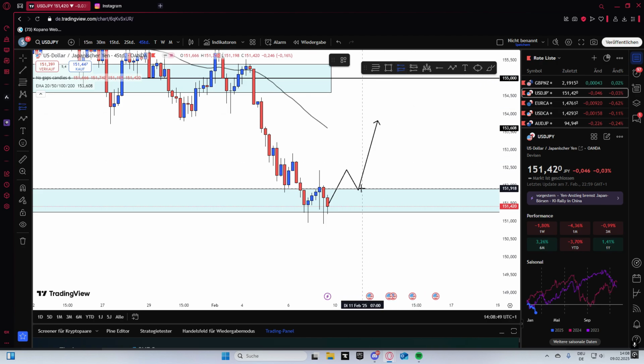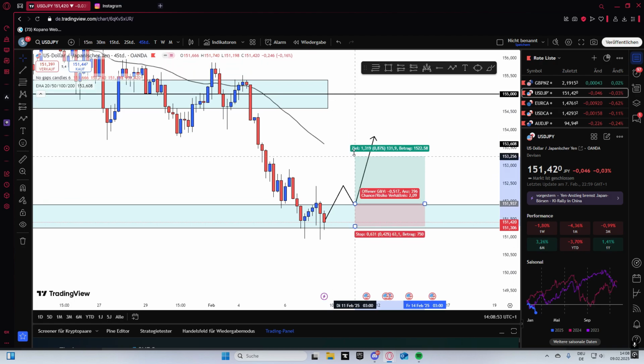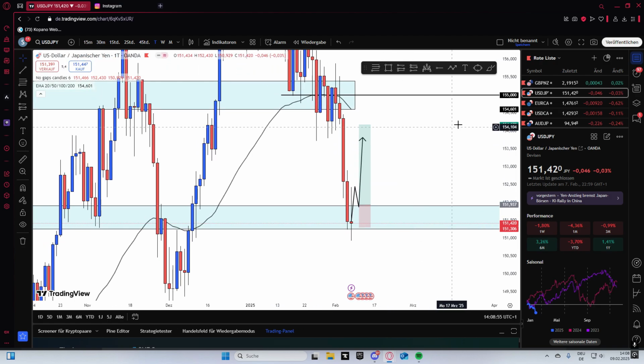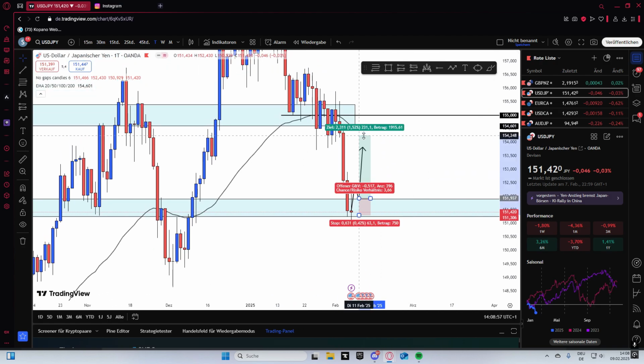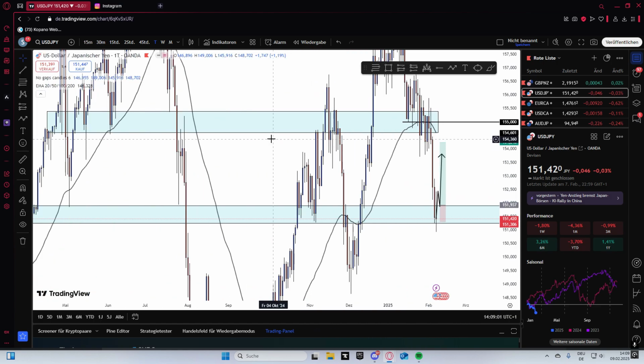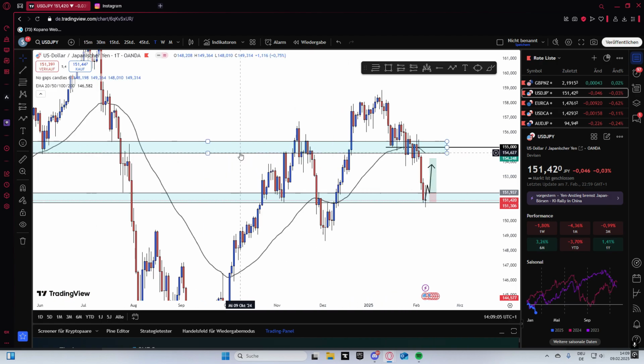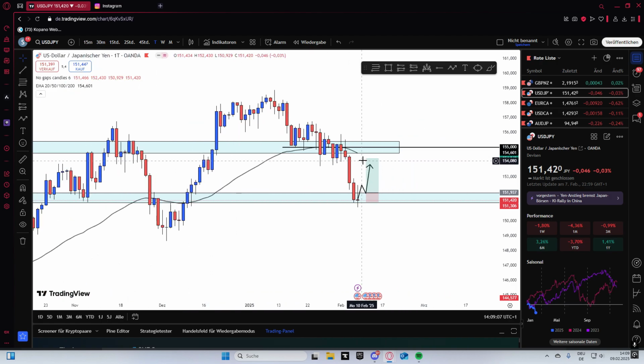So my stop loss will be wherever structure is, and my take profit will be around the daily structure here and the daily EMA. But we have also a daily area of interest here, so this will be my take profit on this one.